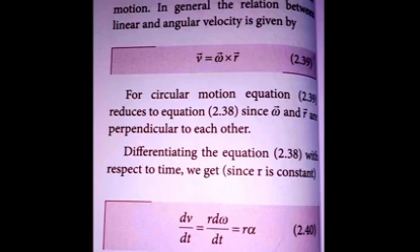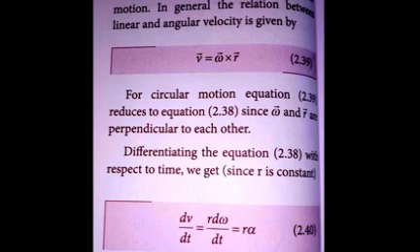Since we know ds by dt is v, we substitute the value in this equation and we get v equal to omega into r. This is very important, students. In your 12th standard also you use this formula: linear velocity is equal to angular velocity into radius. Then we differentiate this equation with respect to time, therefore we get dv divided by dt equal to r into d omega divided by dt.